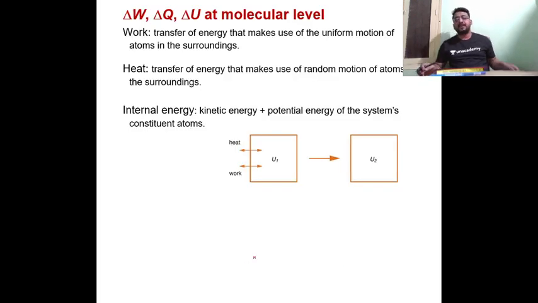Work, heat and internal energy at molecular level. What is work, what is heat and what is internal energy? Transfer of energy that makes use of uniform motion of atoms in the surroundings is called work. What is heat then?